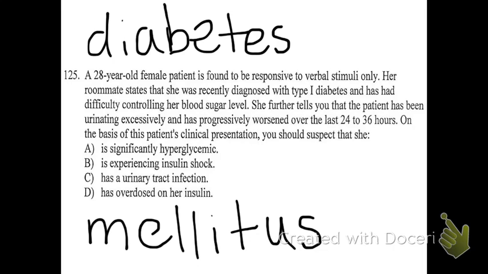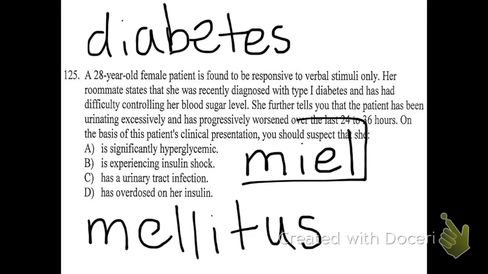Who in here has studied Spanish? What is the Spanish word for honey? Okay, so Spanish is a Latin language, or has roots in Latin, and a lot of medical stuff has roots in Latin. So what do we see as a common thread between those two words?